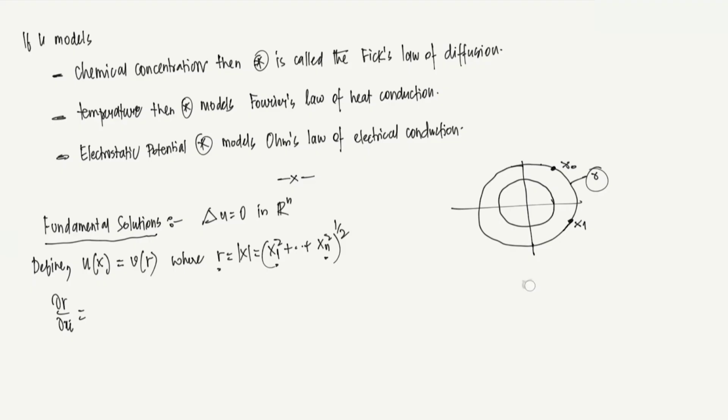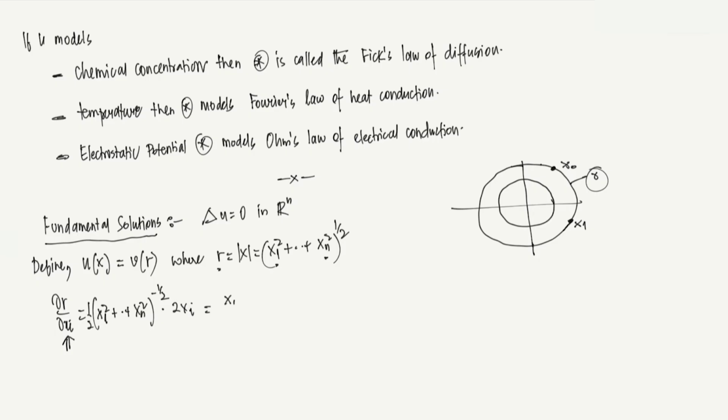So if I am looking at a particular direction, let's say the xi direction, and I want to see the change in r in that direction, that is basically (x1^2 + ... + xn^2) to the power minus half, times 2xi, times half.